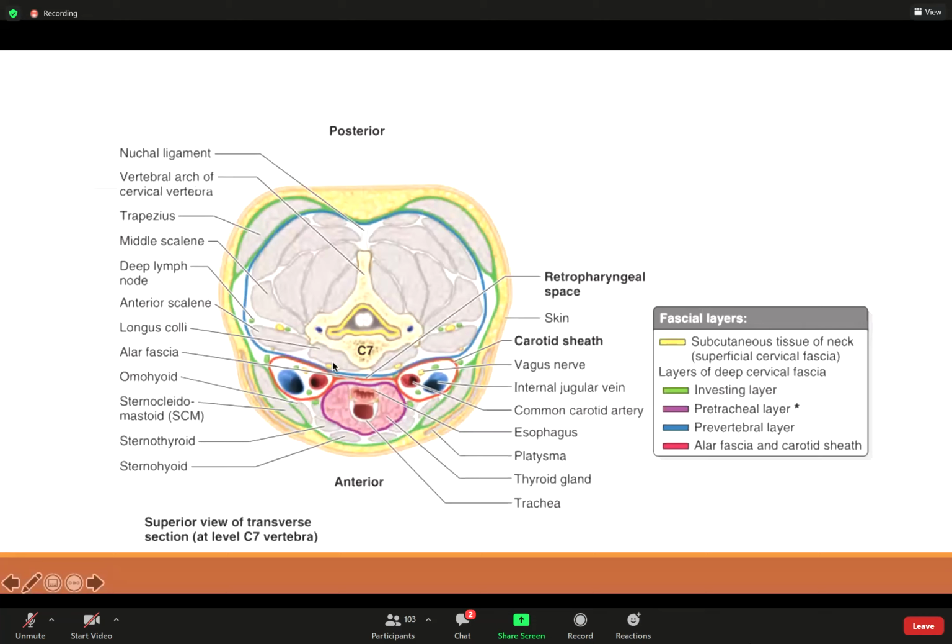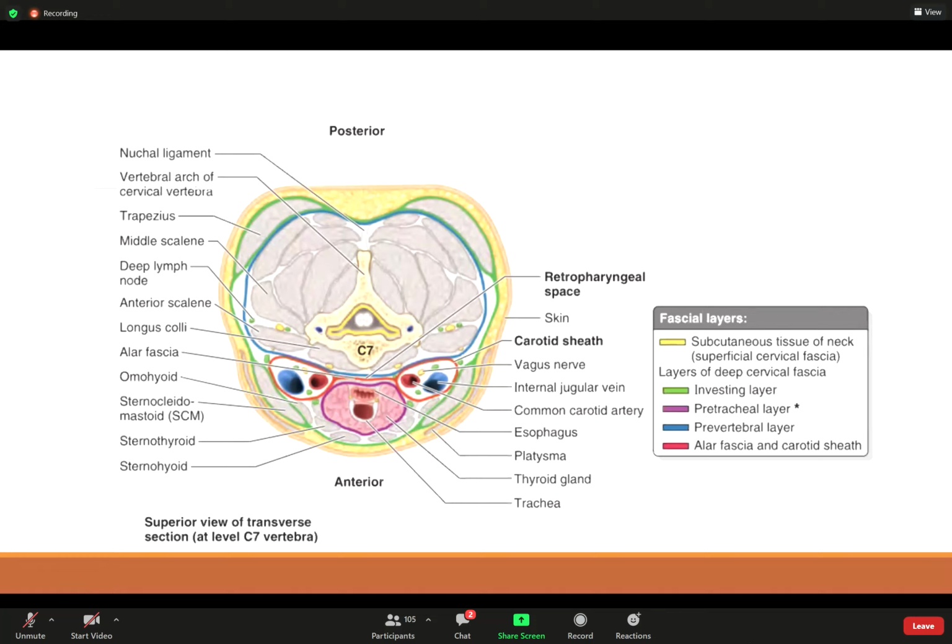And there's another one we call the alar fascia or carotid sheath. This is covering the carotid artery, and also covering the vagus nerve and the jugular vein. That's why the name comes from the carotid artery. So these are the fascia that cover the neck.